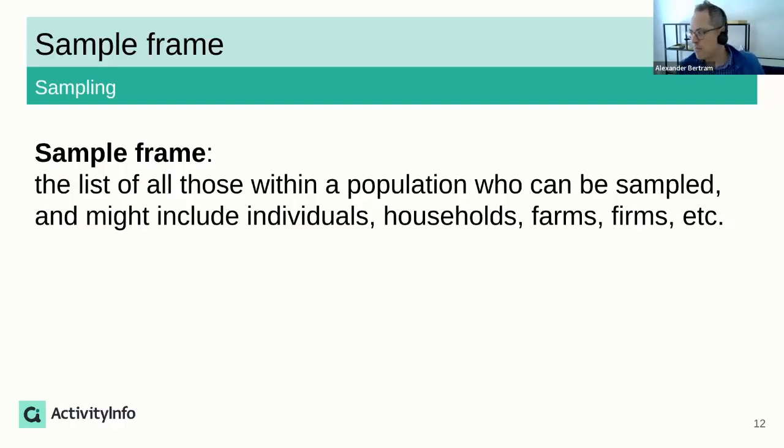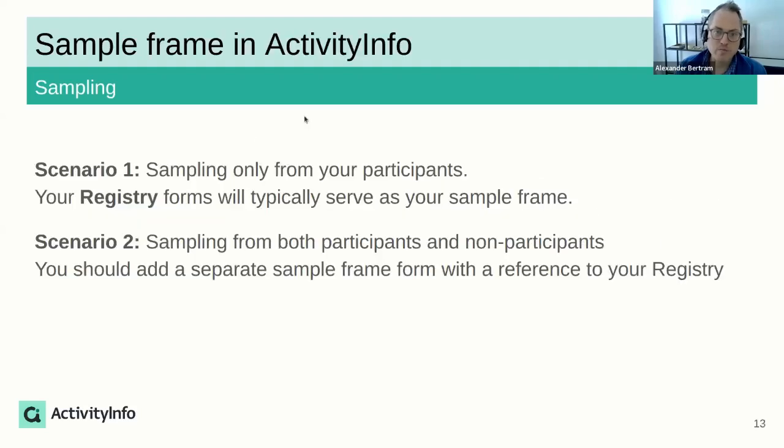Abena and Nico, you mentioned that farms are our population, but in order to do a good sample, we need an actual list of each one of those farms that's part of our population to make sure that we can draw an unbiased sample.